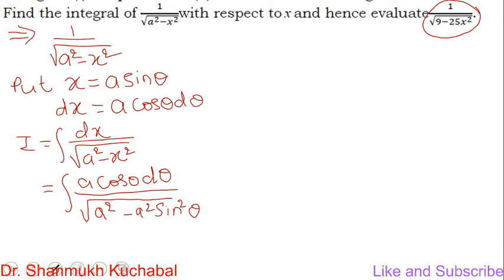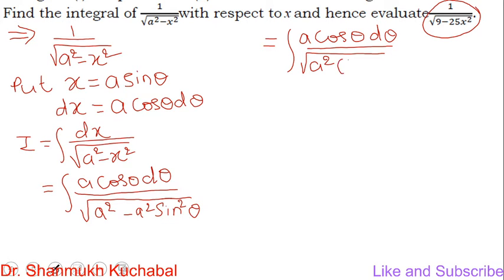Further we need to simplify: a cos theta d theta. Taking a square common inside the square root, we get a square times 1 minus sine square theta.